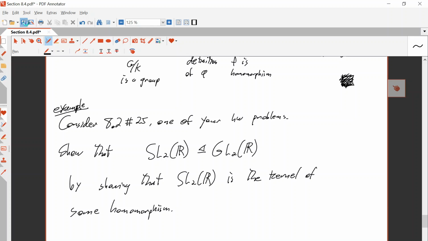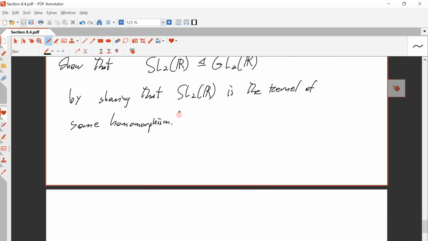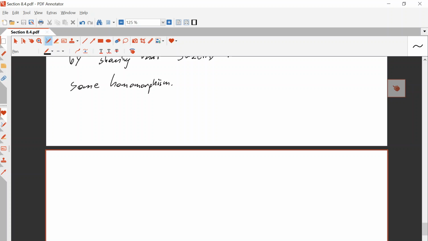Okay, so that's the homework, to show that, what was it, number 24 or number 25. Yeah, show that SL2R is a normal subgroup of GL2R, and you do that just by showing it's the kernel of some homomorphism. So anyway, that's just a comment on that problem, but it requires this discussion for it to be more meaningful. That's why I delayed the homework for section 8.2.